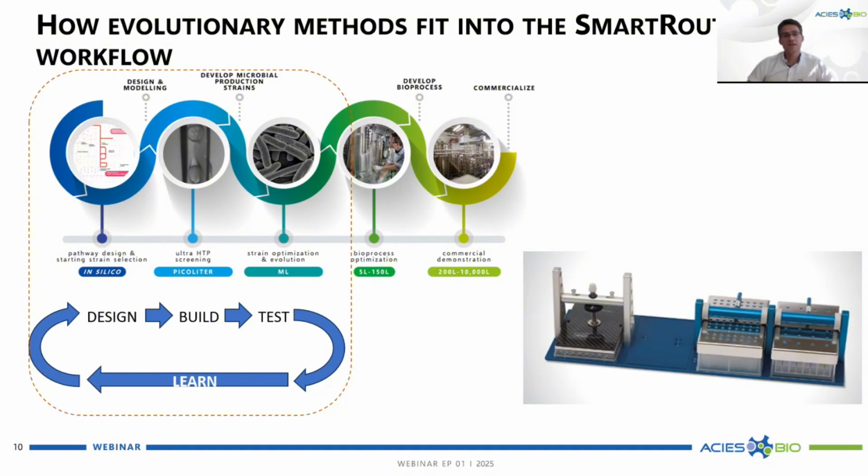So in the classical synbio circle, we have the design, build, test, and learn phases. And of course, this is again an iterative process. In order to do that in high enough throughput, we usually use microtiter plates, which you see in this figure. But of course, the process can also be done in different scales.